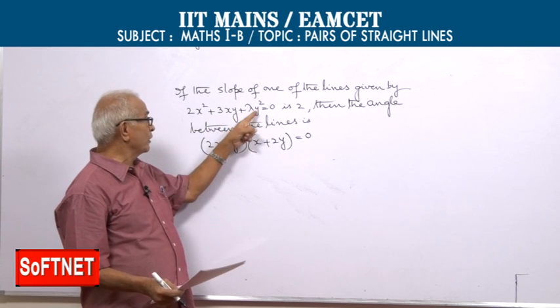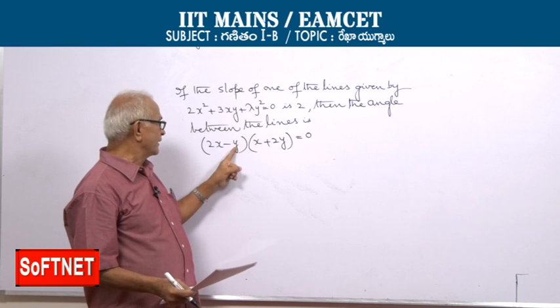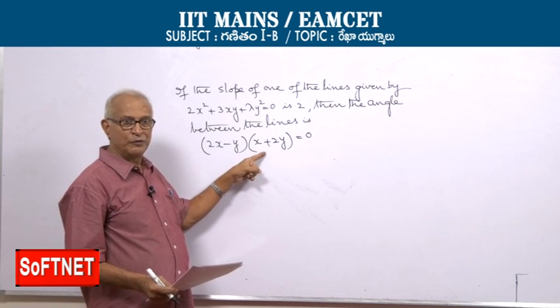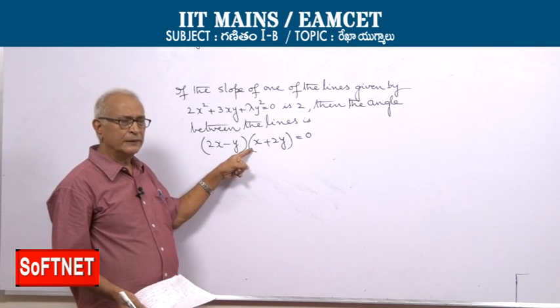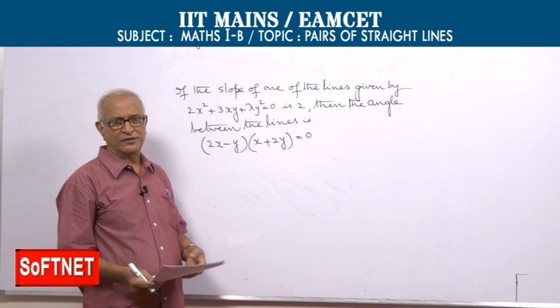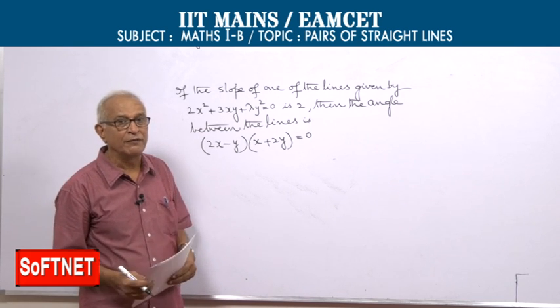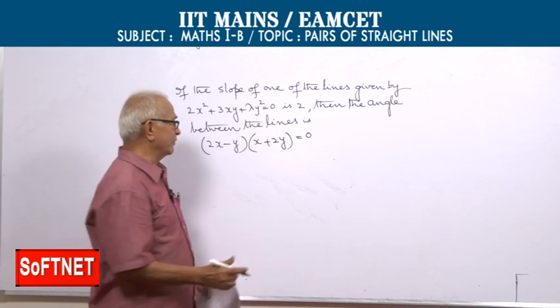And because you don't know the y square term, but you know the xy term is 3xy, this is minus xy, so we need another 4xy. 4xy can be supplemented by writing 2y here, because when you multiply 2y by 2x, you get 4xy. So that's how you can manage without finding the value of the unknown lambda. And what is the slope of the second line? Minus half.